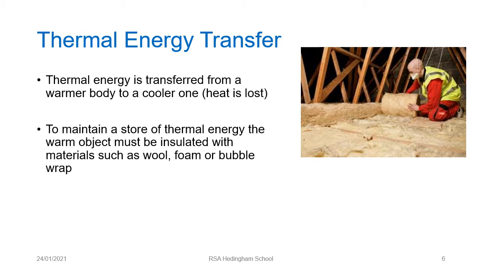So the examples given there are wool or foam or bubble wrap. And you can see in the picture somebody installing foam in a loft to insulate the loft, to reduce thermal energy lost through the roof. You can't actually prevent thermal energy transfer completely, but insulating it can reduce it.